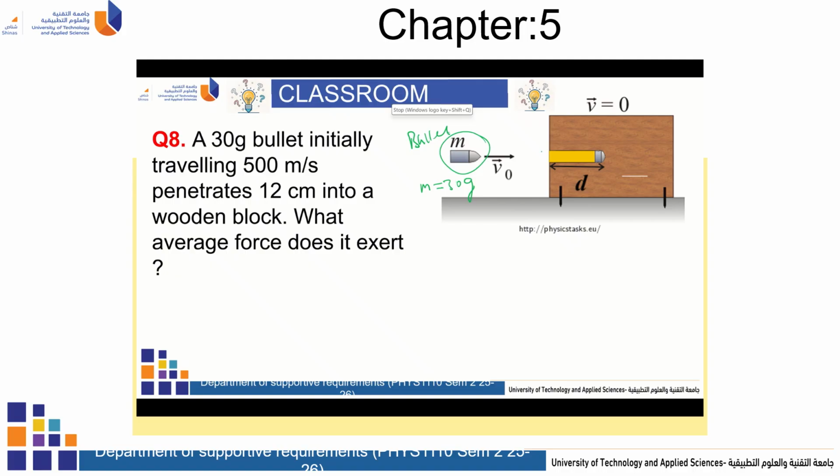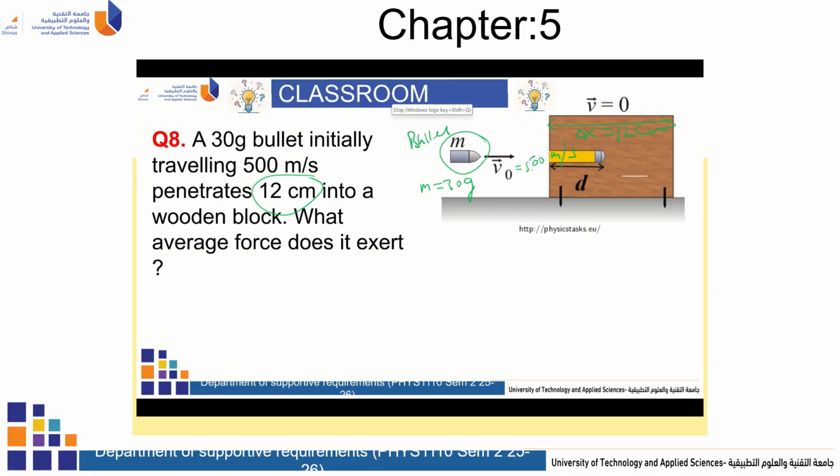The velocity is 500 meters per second, and this bullet penetrates the wooden block 12 centimeters, from here to here. This is the displacement, according to our formulas and parameters.